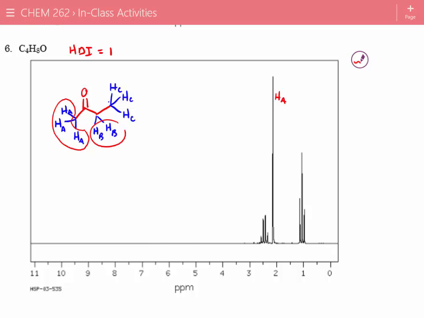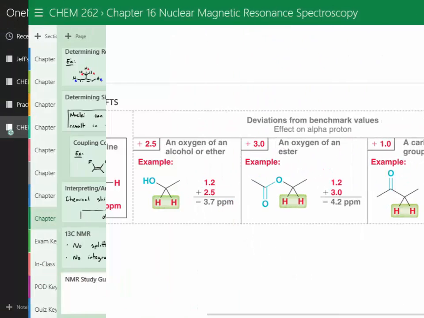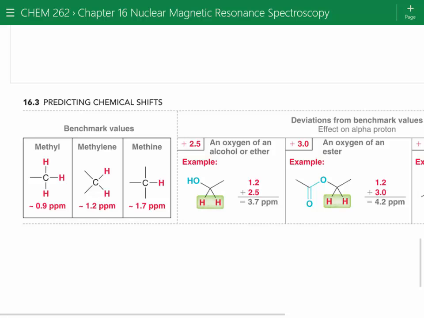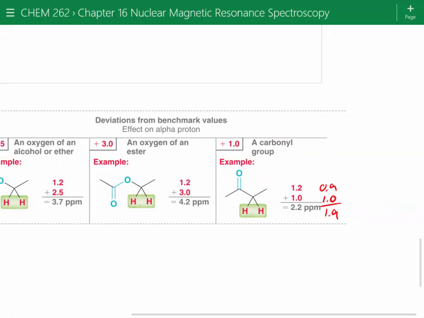Now let's take a look at HB. HB has three 3-bond neighbors, which means maybe this quartet belongs to it, and maybe the remaining ones, HC, belong to this last methyl group over on the end. But let's just double check. We said HB shifted around 2.5. We can go check with our sheet, and we can say, well, methylenes have a benchmark value of 1.2.